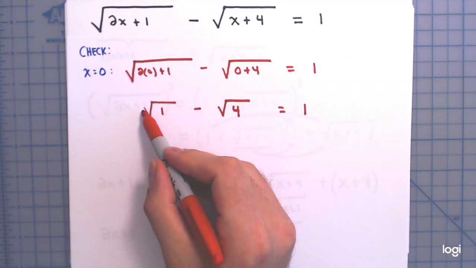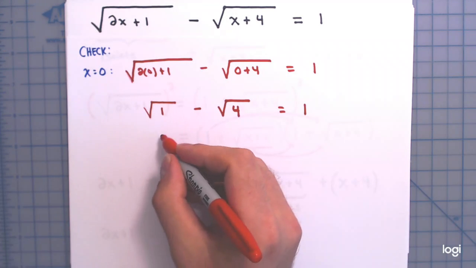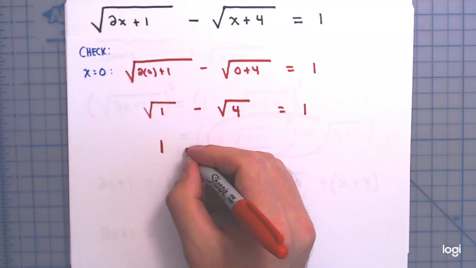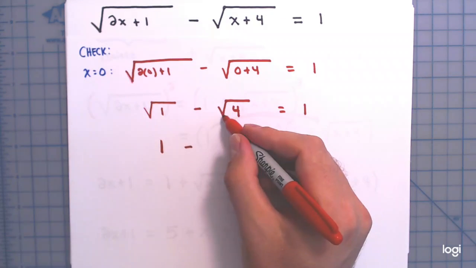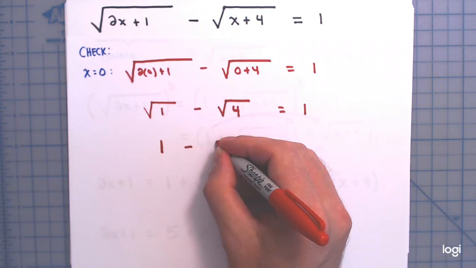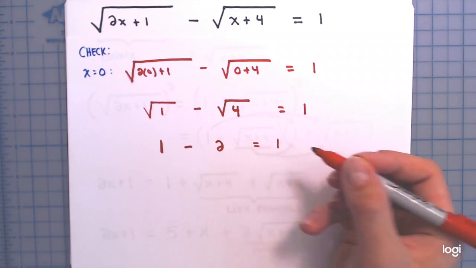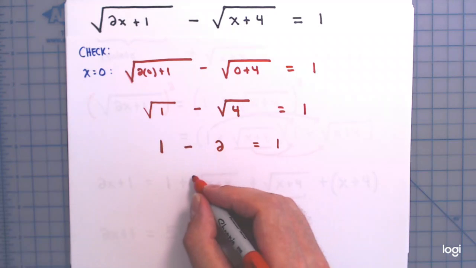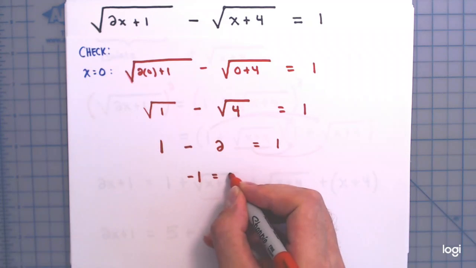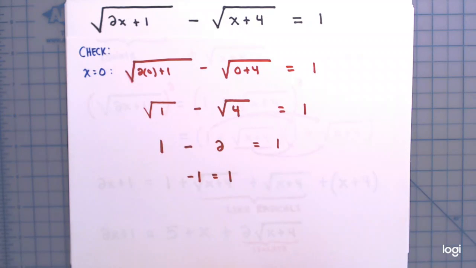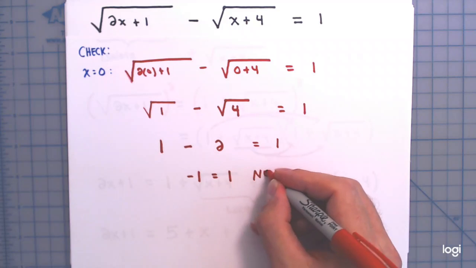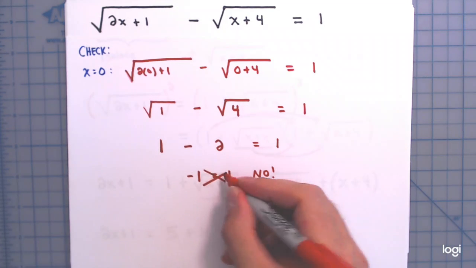So what's the non-negative square root of 1? That's just positive 1 minus, and what's the non-negative square root of 4? That's positive 2. So I have 1 minus 2. Is that equal to 1? Well, let's see. 1 minus 2 is negative 1. And I'm getting negative 1 equals 1. That is wrong.